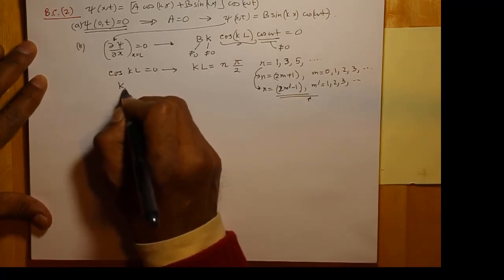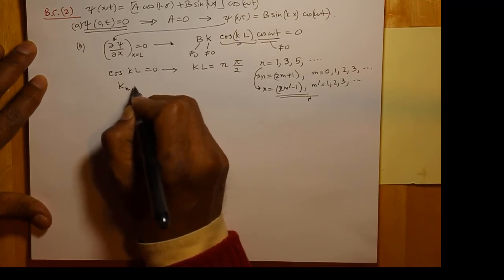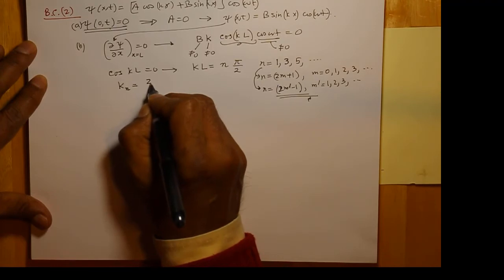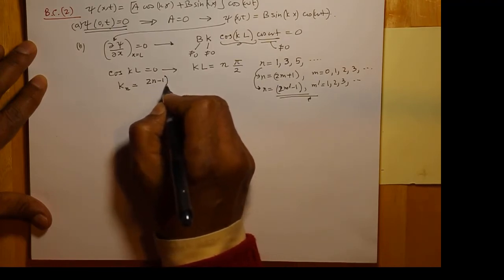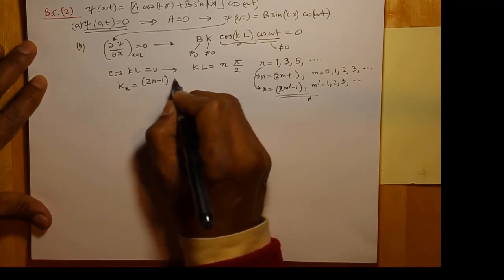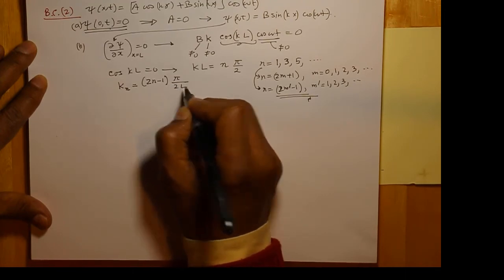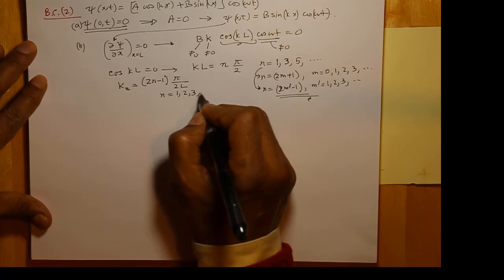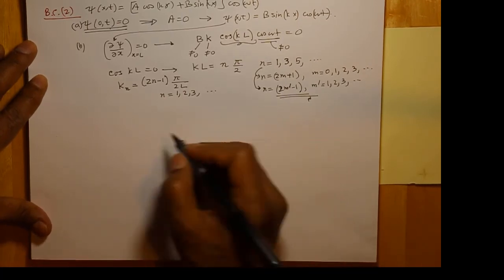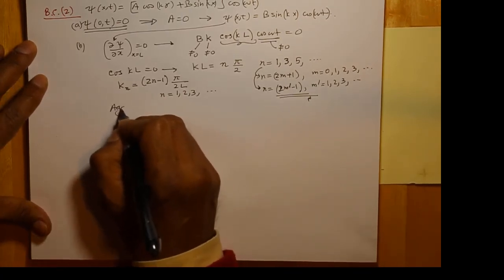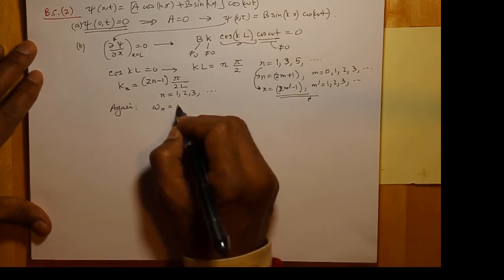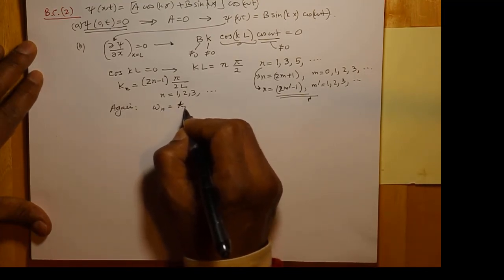So k_n is 2n minus 1 times pi over 2L, and n being 1, 2, 3, like this. And again, we have omega_n equals k_n times v.